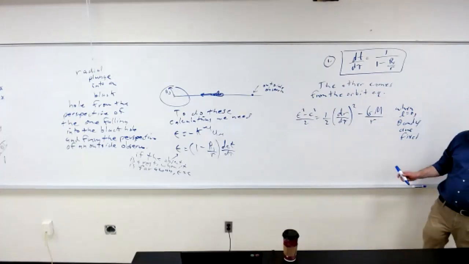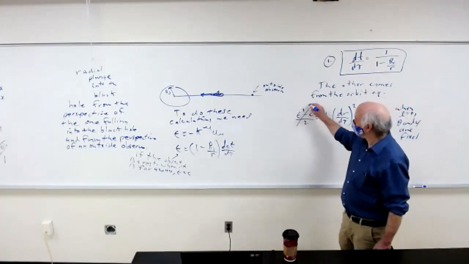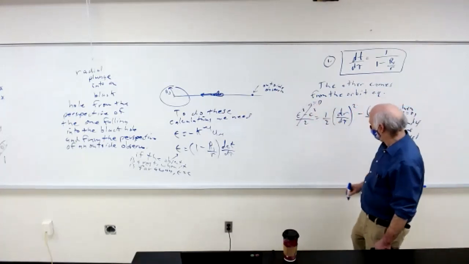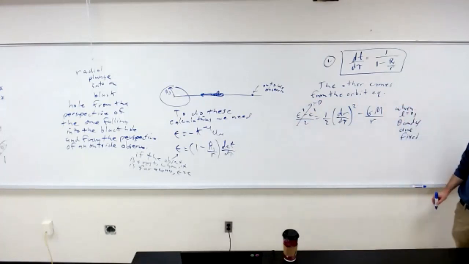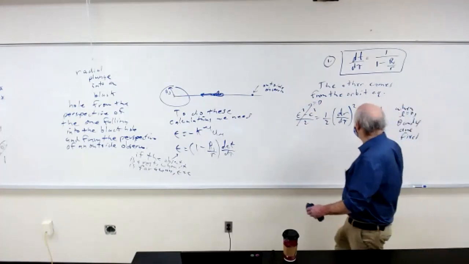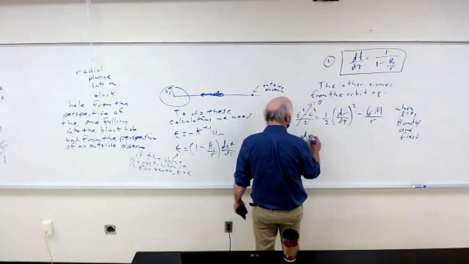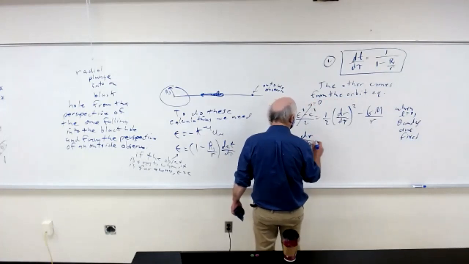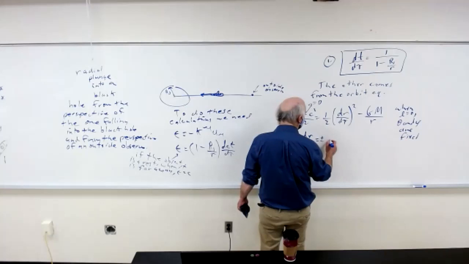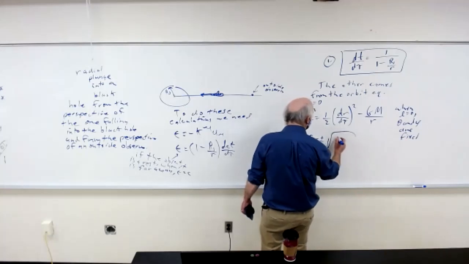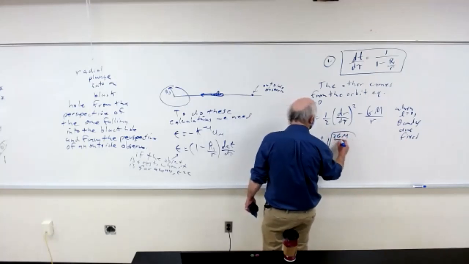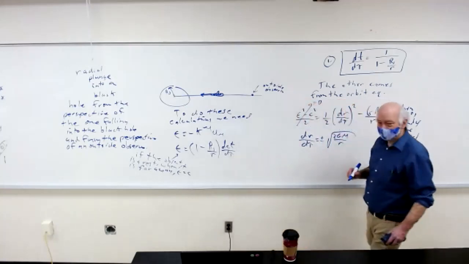And in this case here, this goes off to 0. So this whole thing here equals 0. So that equation, if we solve for it, gives us dr d tau equals plus or minus the square root of 2GM over r. Does that make sense?